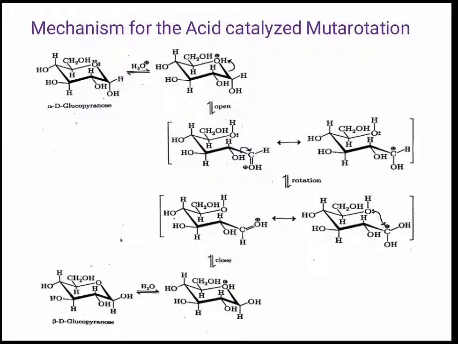Now the mechanism for the acid catalyzed mutarotation. If you give acid, it can show mutarotation. Now what is the mechanism? You are giving acid, meaning H3O+. Now the ring oxygen will take the proton and be protonated first, then an open chain form will occur.